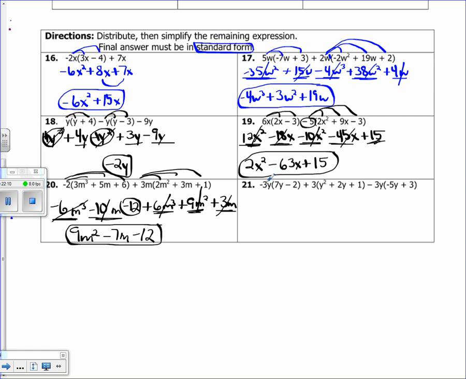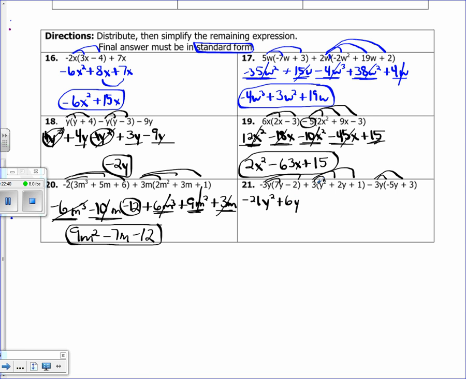21, same kind of process, except we have a triple thing going on here, so we're distributing with 3 different things. Same stuff, just a little bit more distributing. Negative 3 times 7 is negative 21. They both have y's, so y to the second. Negative 3y times negative 2 is going to be positive, plus 6y.